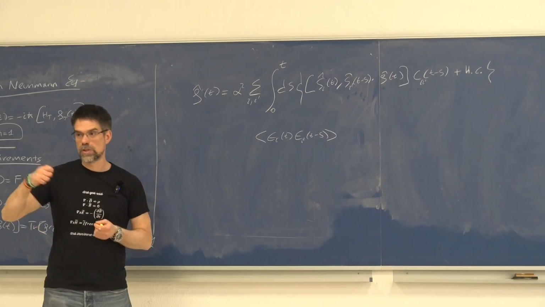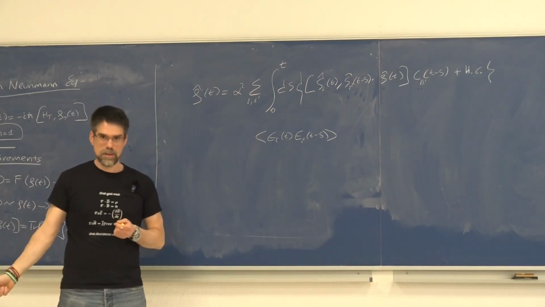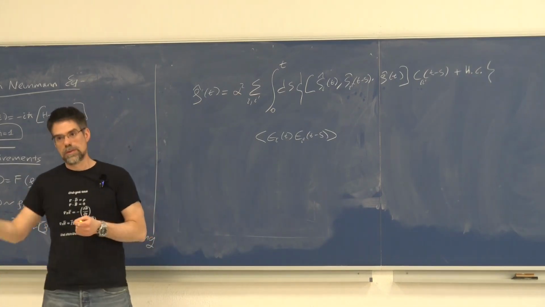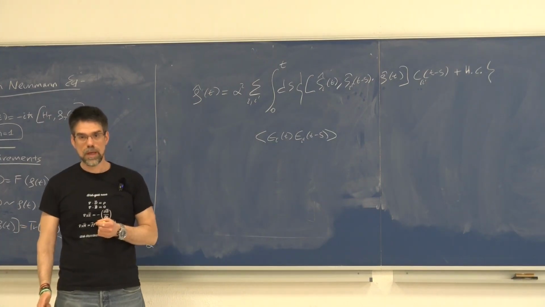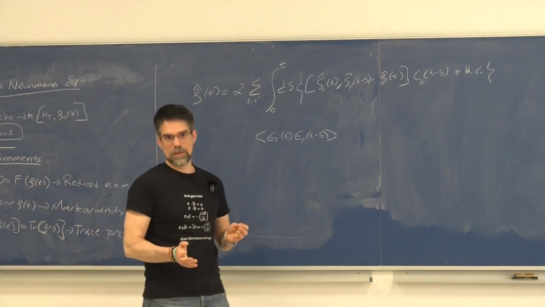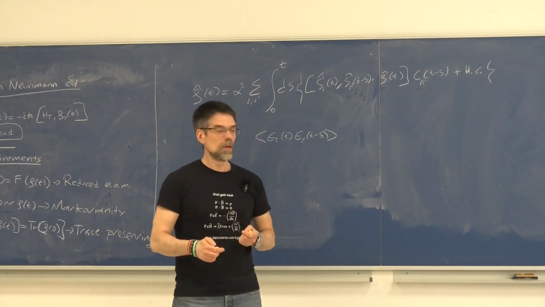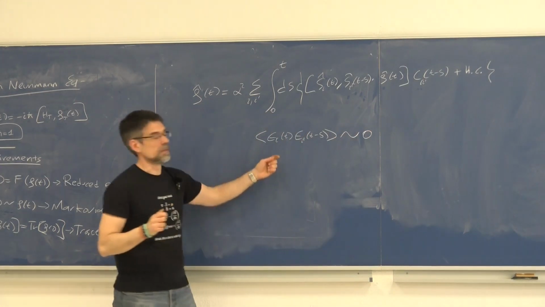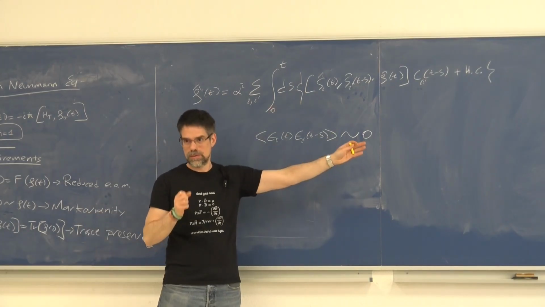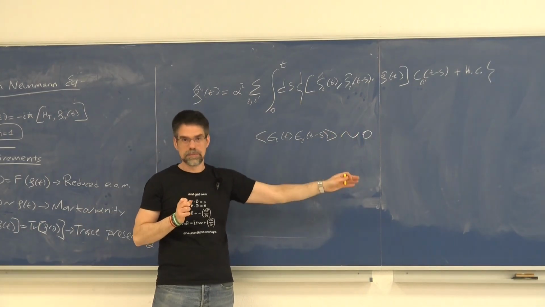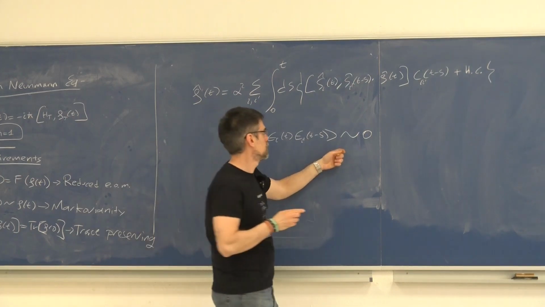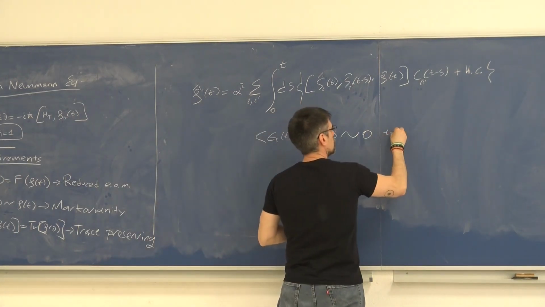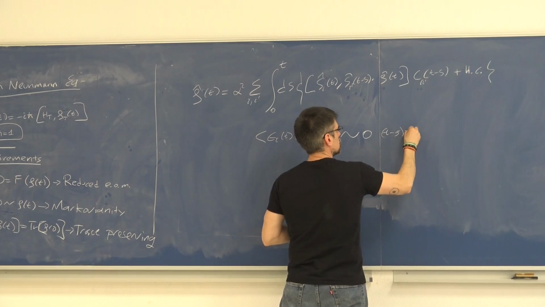You measure something in the environment, and then you wait for some time, and you measure it again. If the environment is very big and the coupling is very weak, we can assume that they are not zero, because if they are zero, you get no equation at all. It's like having no environment. But we are going to assume that they are close to zero when this gets bigger.